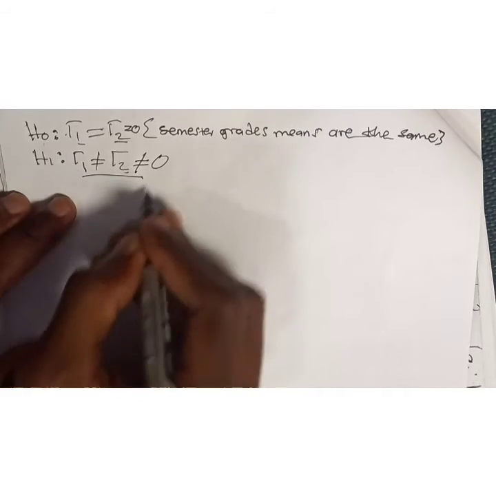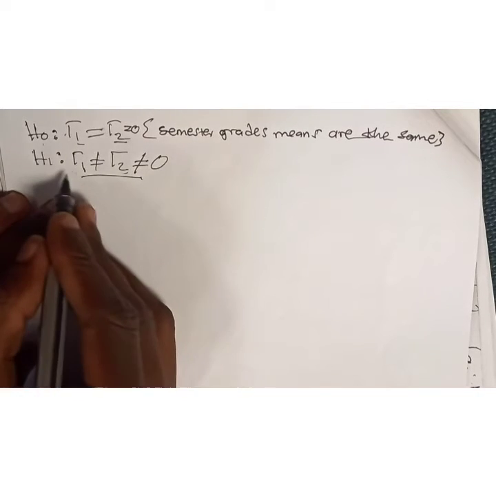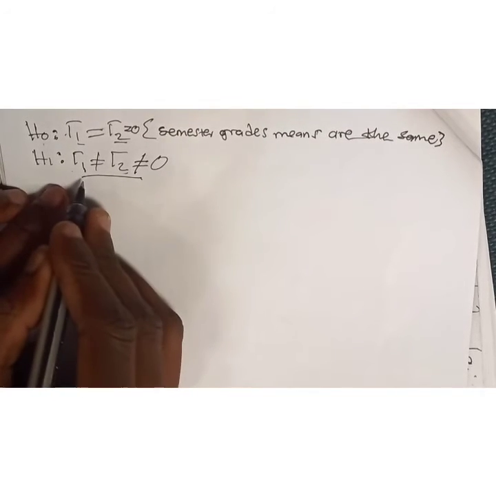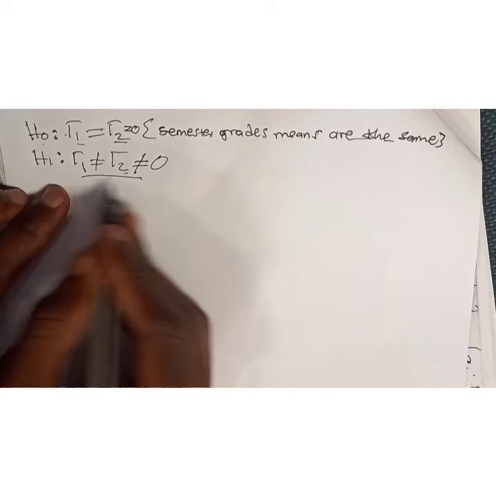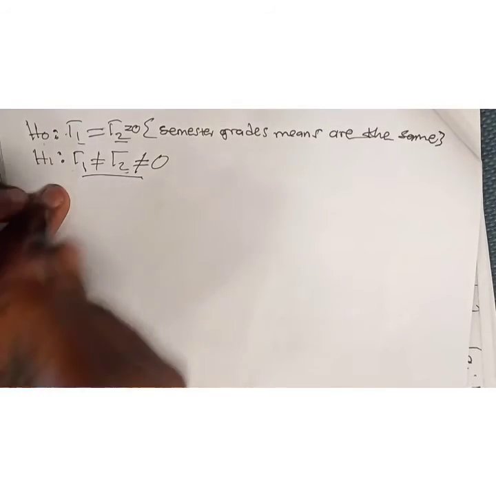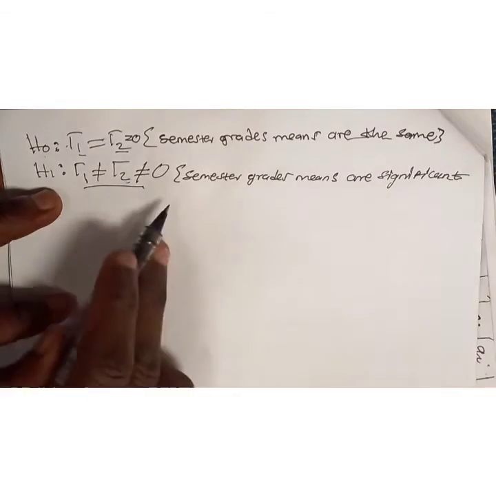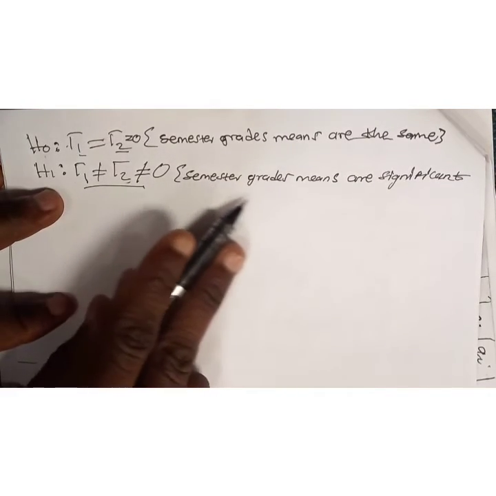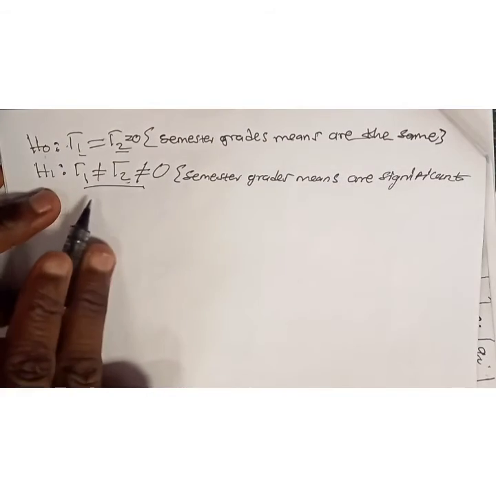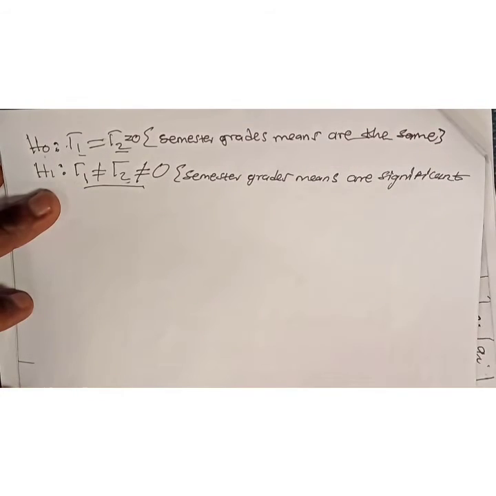So at least one of the tau i's is not equal to 0. Since the summation of tau i's has to be 0, if one of these is not equal to 0, it means both of them are not equal to 0, because when you sum them you must get 0. So the semester grade means are significant, meaning that the means are different.